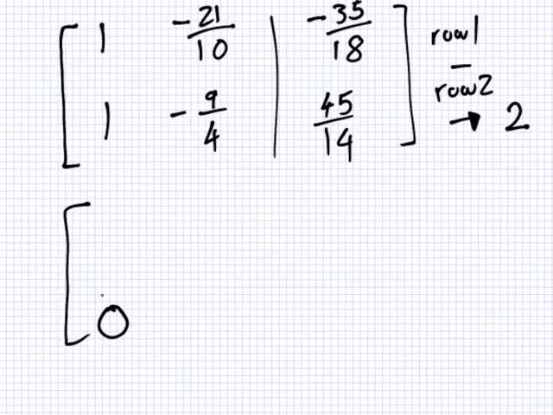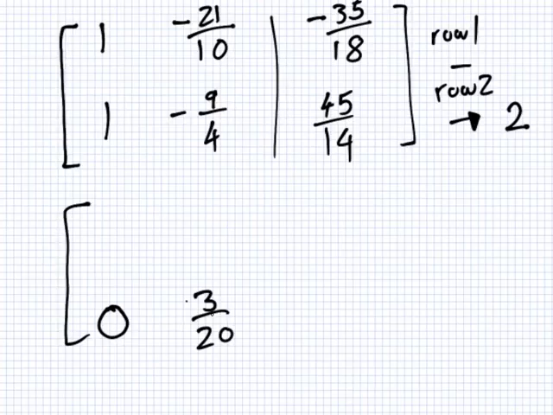I'm tired, I'm going to use my calculator. So the next one, so lazy. Minus 21 over 10, minus 9 over 4: 3 over 20.